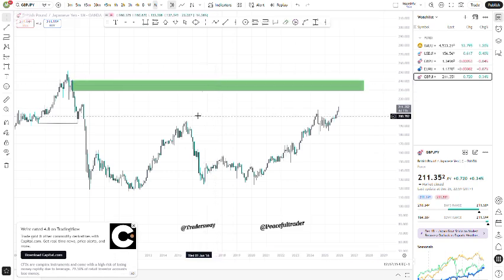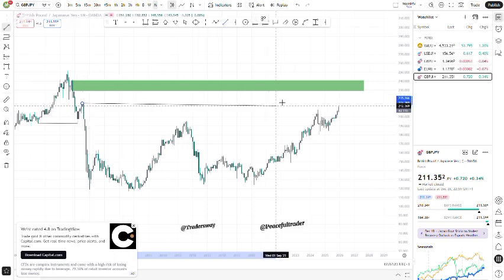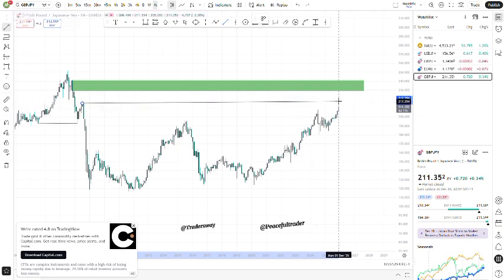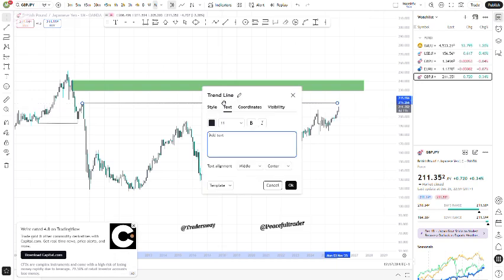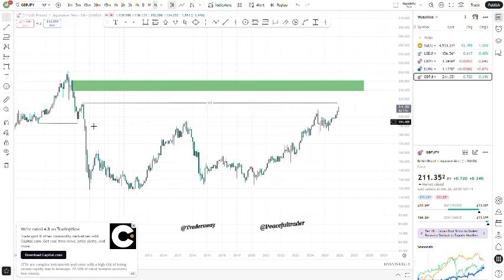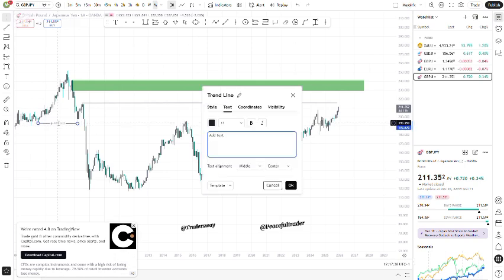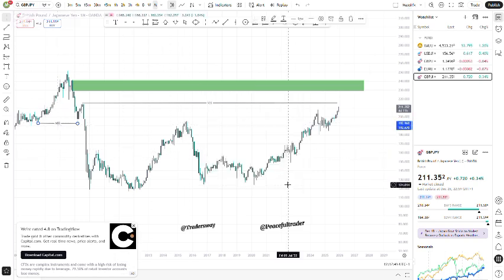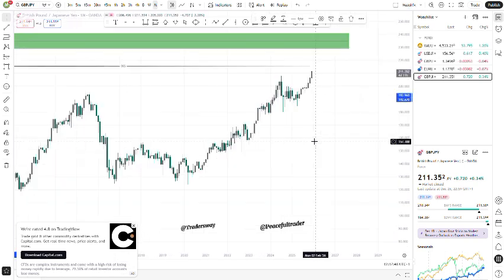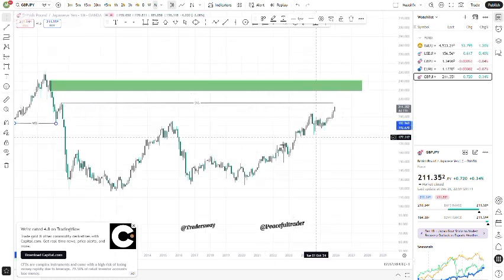You can see it's marked out very well, and here is my inducement from the monthly time frame. Here's my change of character, also called market structure shift. There's no difference between market structure shift and change of character. It's the same thing. You should not get yourself confused as a newbie.